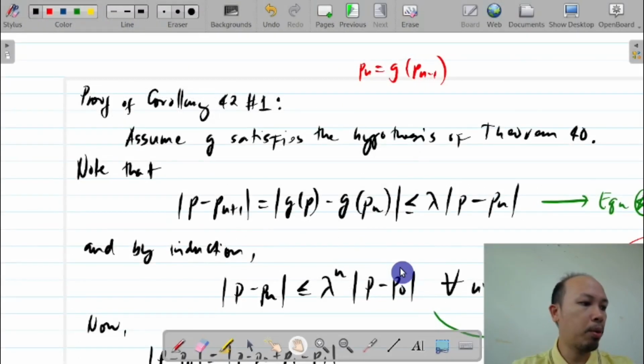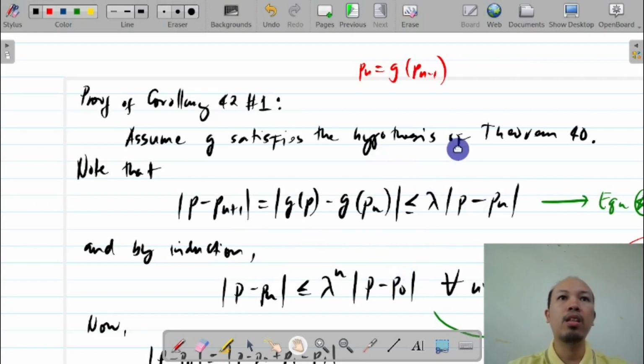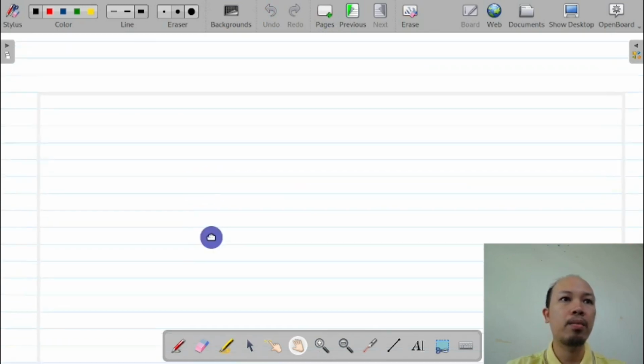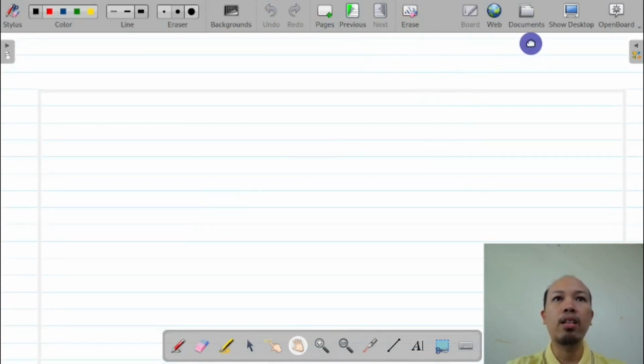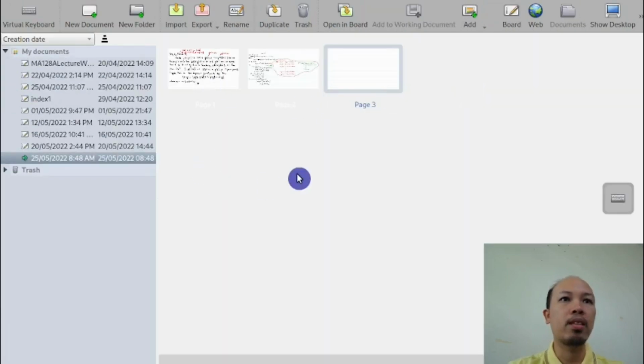Let's go to our open board. Let's try another page, and let's add a document. Say, let's add a figure.